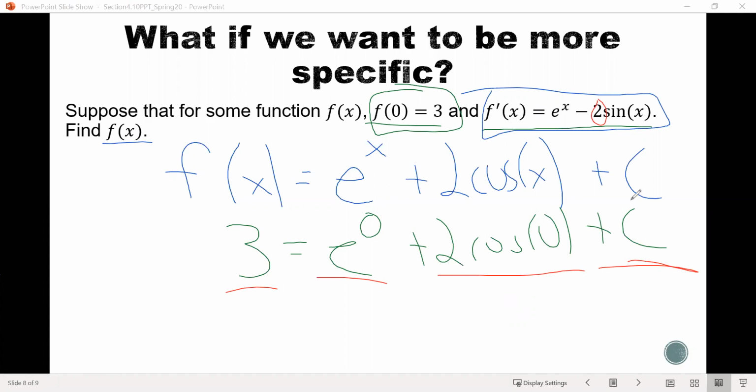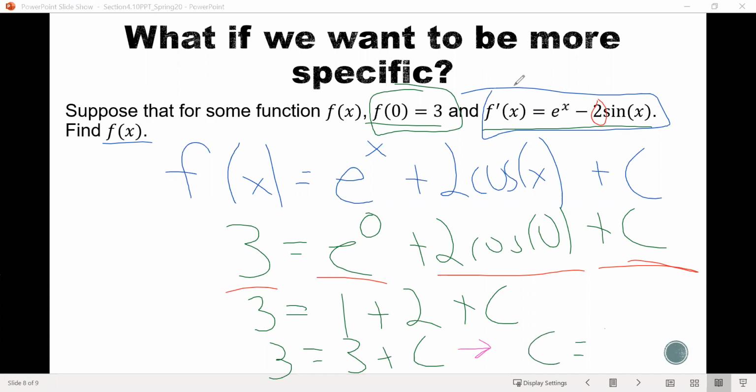So to do that, first of all, rewrite everything. So 3 equals e to the 0, which is 1, plus 2 times cosine of 0, which is 1, so times 2, plus c. So we have 3 equals 3 plus c, which if we solve that for c, we could subtract 3 on both sides. We'll end up with c equals 0. Okay.